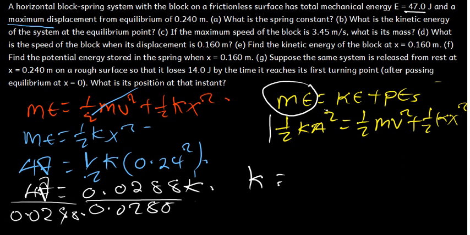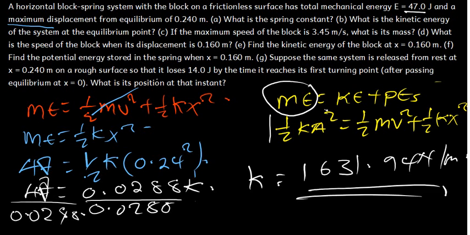I'm getting my k value as 1631.94 Newton per meter. So this is my spring constant.